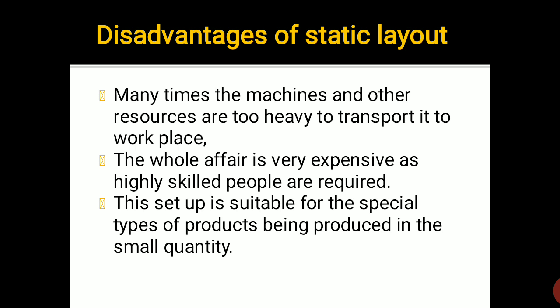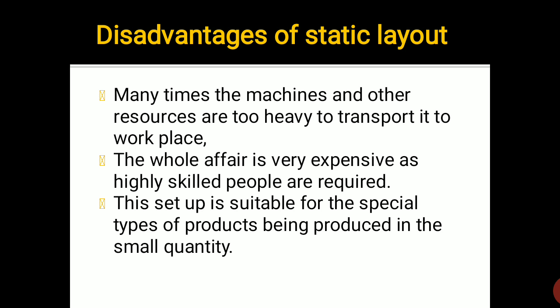Naturally, whatever the production is under the static layout, it is called static because once the production or manufacturing of that particular product or goods is done, it will be done in a unique way, and this setup is thus only suitable for specific products. For products produced in bulk, it may not be useful.